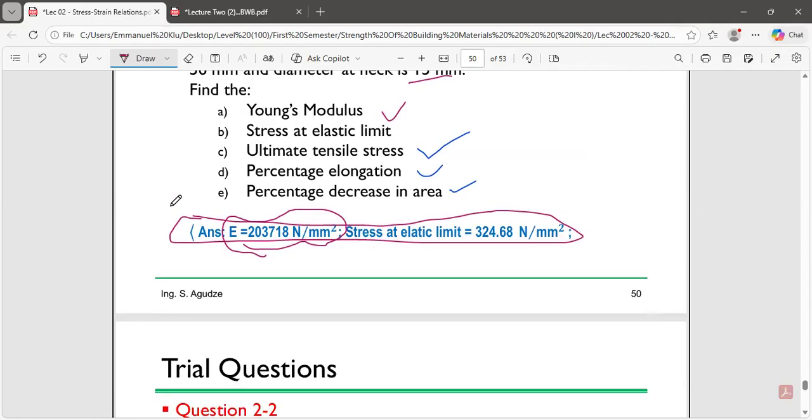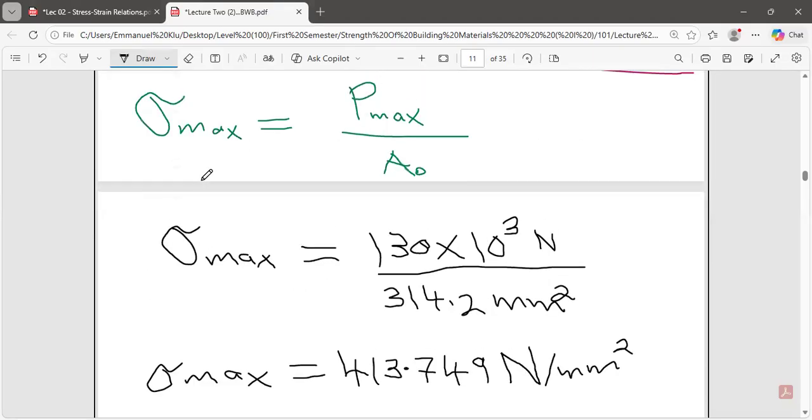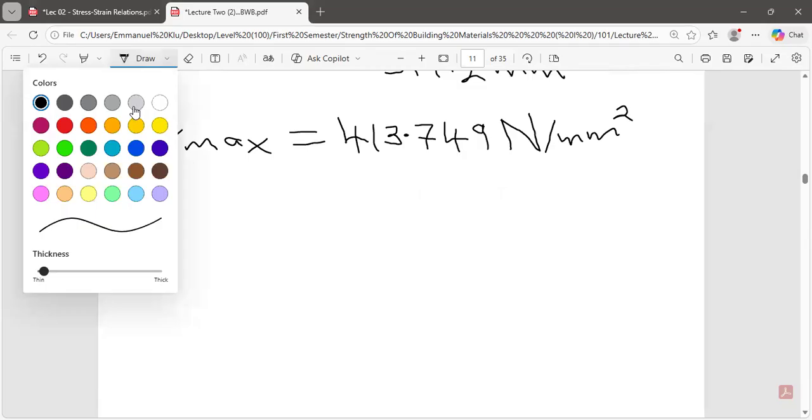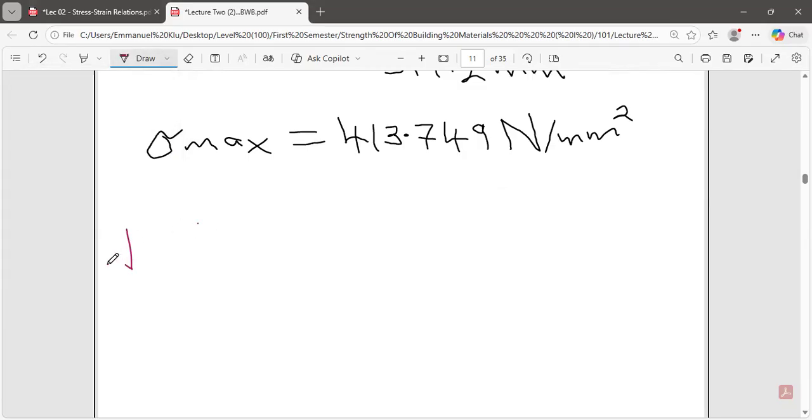So let's calculate for our percentage elongation. That is our D, percentage elongation.